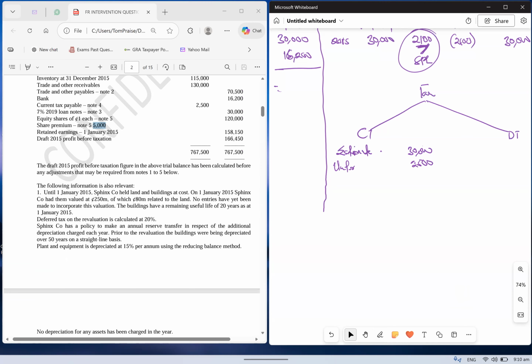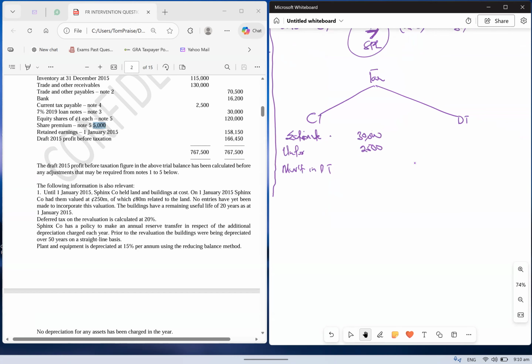So the next thing is movement in what? Deferred tax. I said the movement in deferred tax, we can get it by knowing our deferred tax brought down. Then we will calculate our balance carried down. So do we have deferred tax brought down in the question?